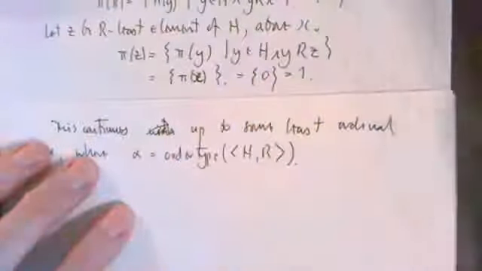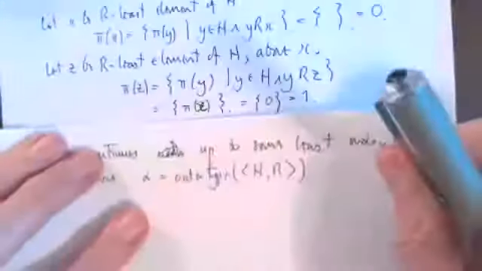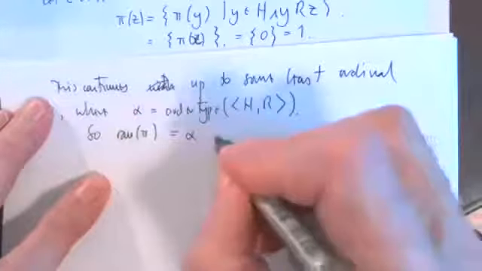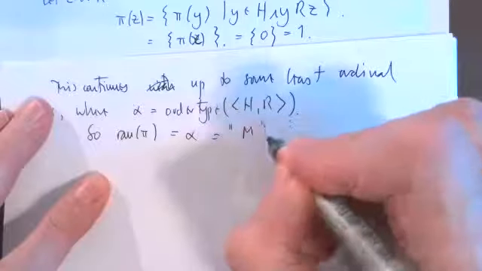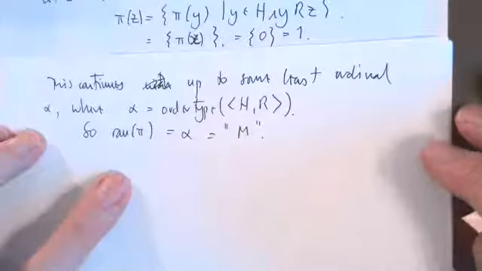I'm assuming H is a set right here, so it's a set with a well order. So the range of pi in this case is alpha. And this is our M that we'd have got in the Mostowski-Shepherdson collapse.